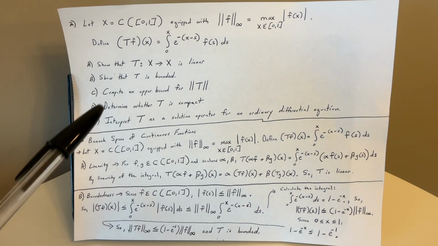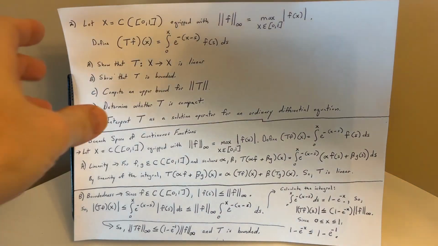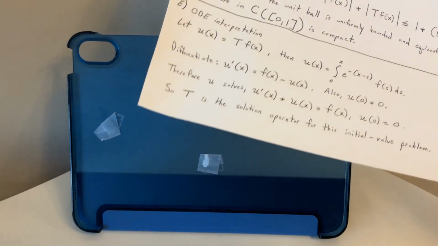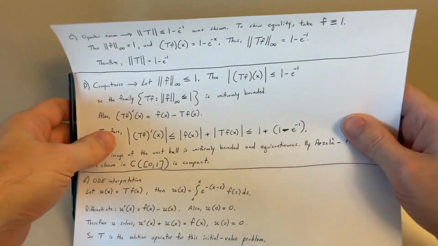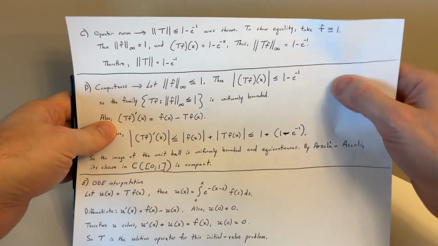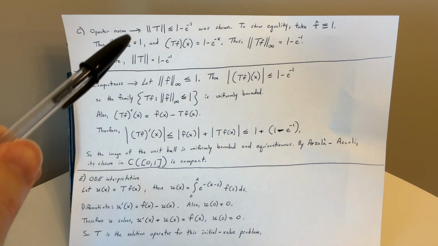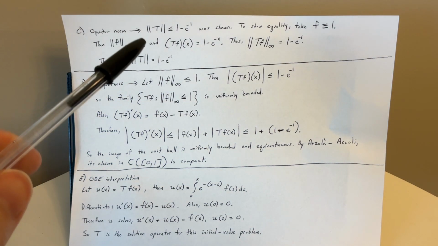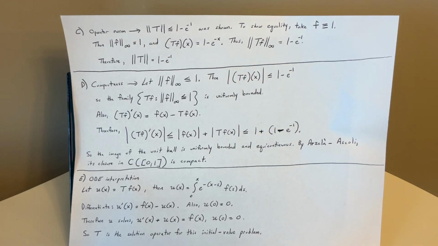Now moving on to C, D, and E on the second page. Letter C, operator norm. We have that the norm of T is less than or equal to 1 minus e to the negative 1, as was shown.